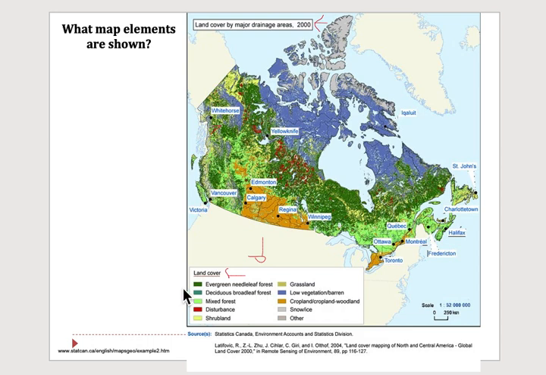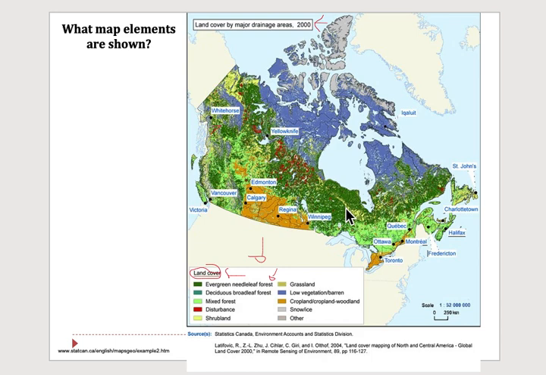So it's great to change your legend name. It might automatically say legend. Delete that and put what your legend is about. Here we know this is about land cover, and they modified the names if needed so we could understand what each polygon area is.